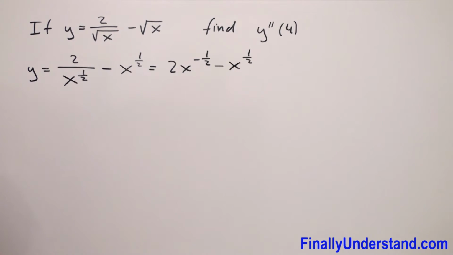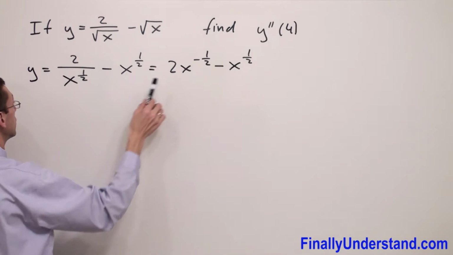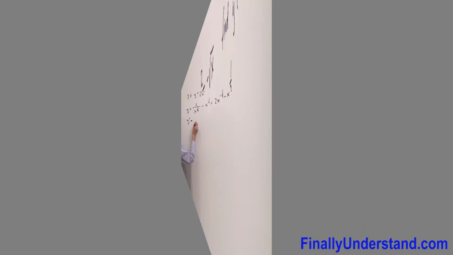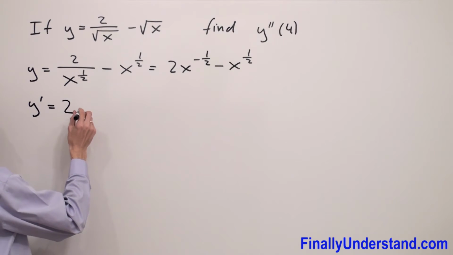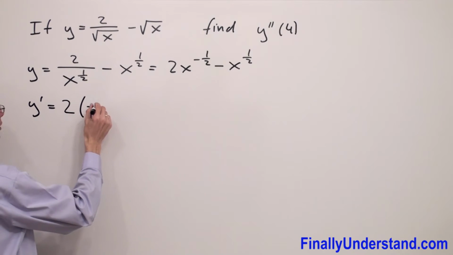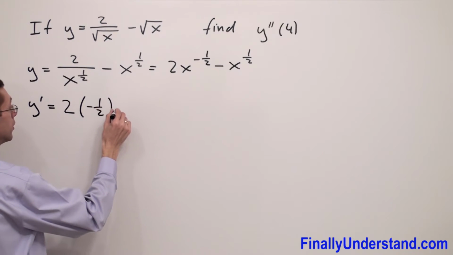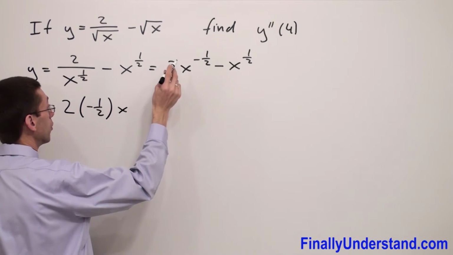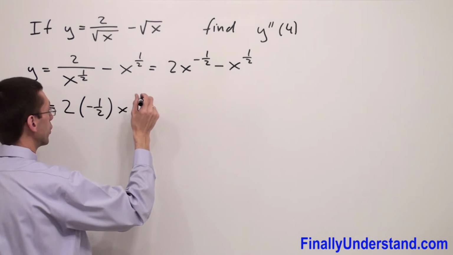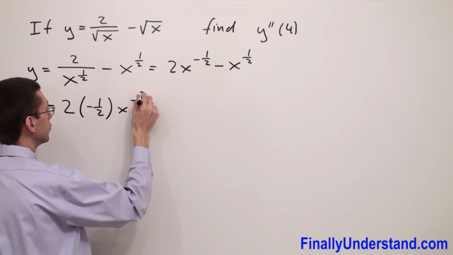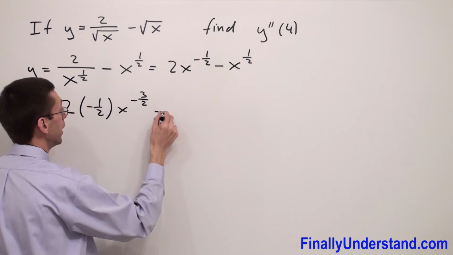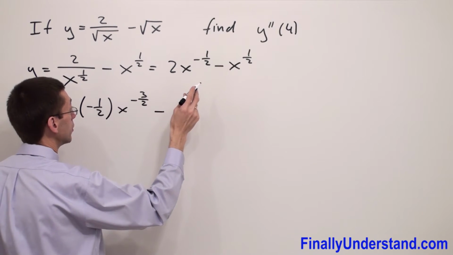Next, I'm supposed to find the derivative of the given function. So I have y prime is equal to the constant 2 times the exponent negative 1/2, x to the power negative 1/2 minus 1, which is negative 3 over 2, minus, in this case, the power rule, right?